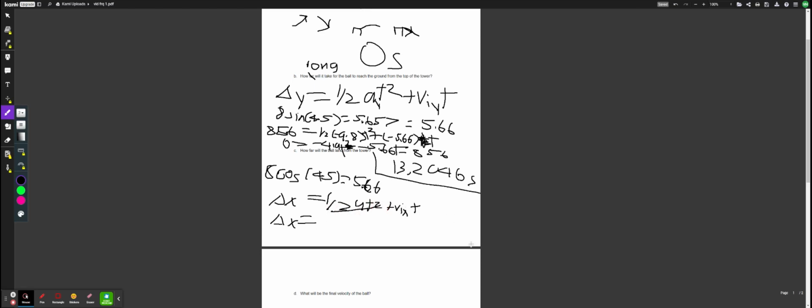We're left with v_ix t. V_ix we just found was 5.66, and the time we found earlier was 13.204. And you solve, and it's equal to 74.693 meters.